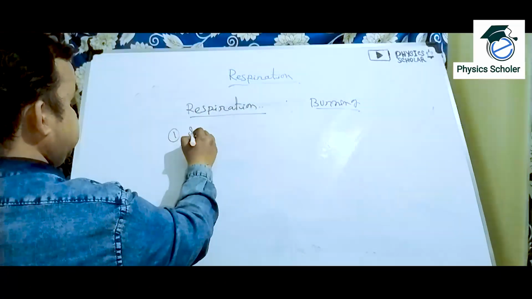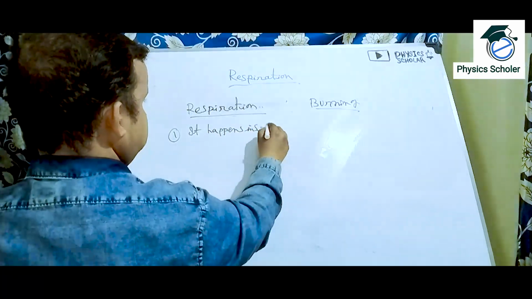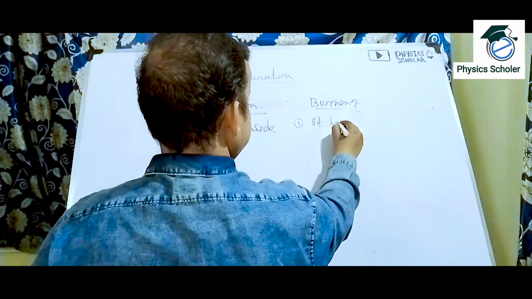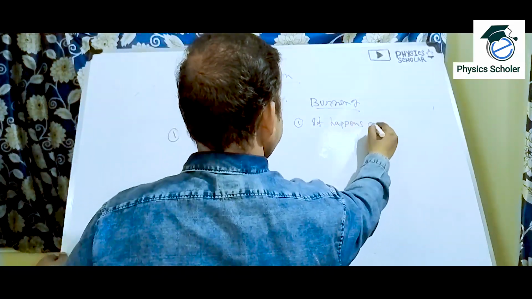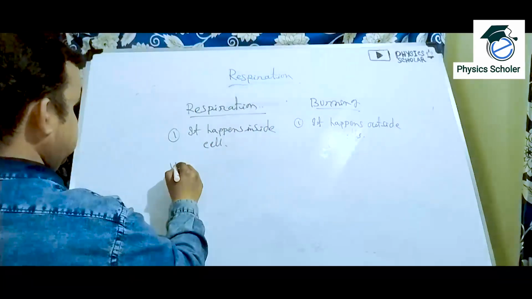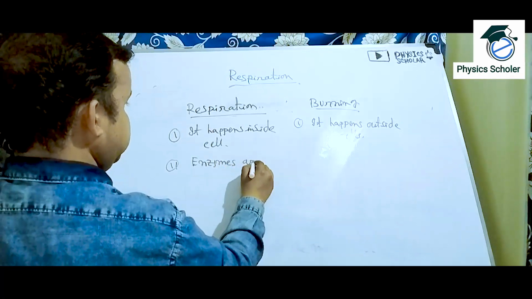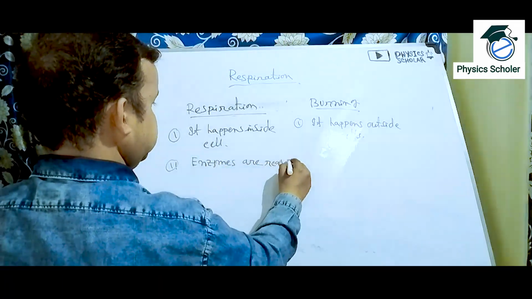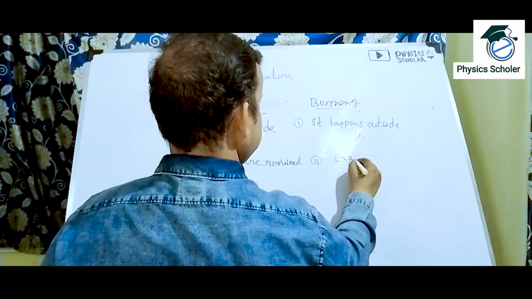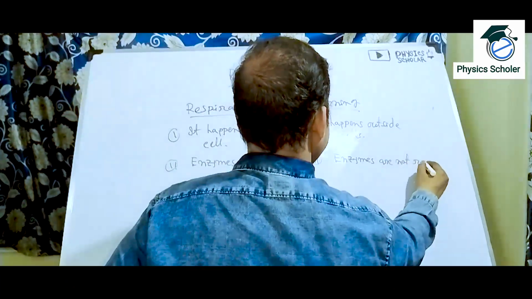Respiration happens inside the cell. Burning happens outside cells. In respiration, enzymes are required. In burning, enzymes are not required.